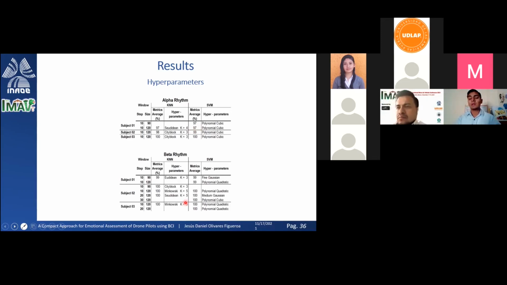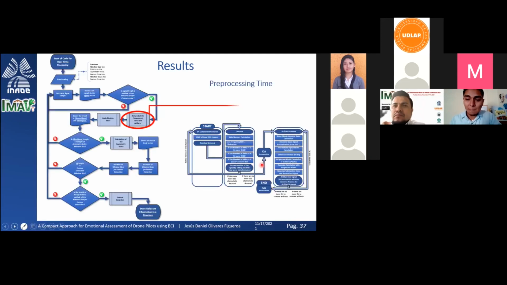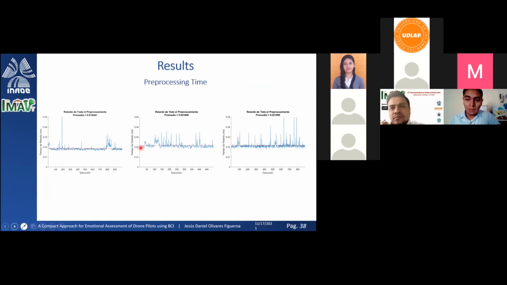This favors the real-time application objective of our study, since the smaller the number of nearest neighbors, the shorter the time required for the classification. Also, we measured the delay for each execution for the artifact removal and the brain rhythm filters. We obtain a delay average of 0.02 milliseconds, as you can see here.